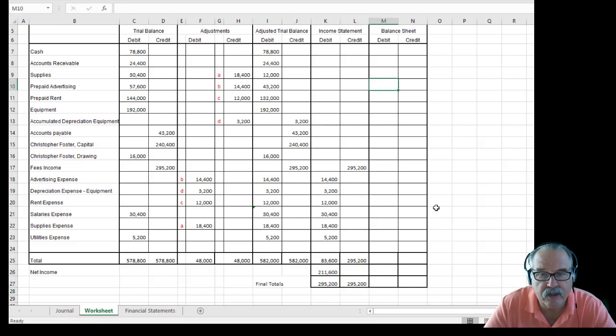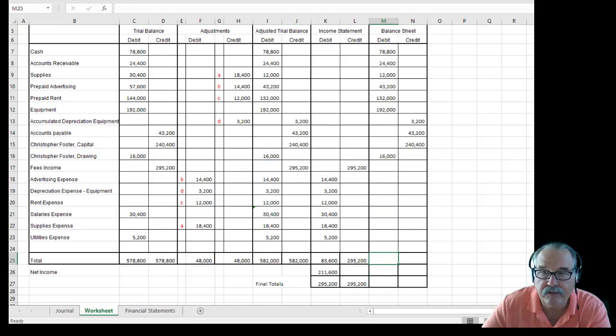And now I'm going to bring over all of the balance sheet accounts: cash, accounts receivable, supplies, prepaid advertising, prepaid rent, equipment, depreciation, accumulated depreciation, accounts payable, the capital, and the drawing account.